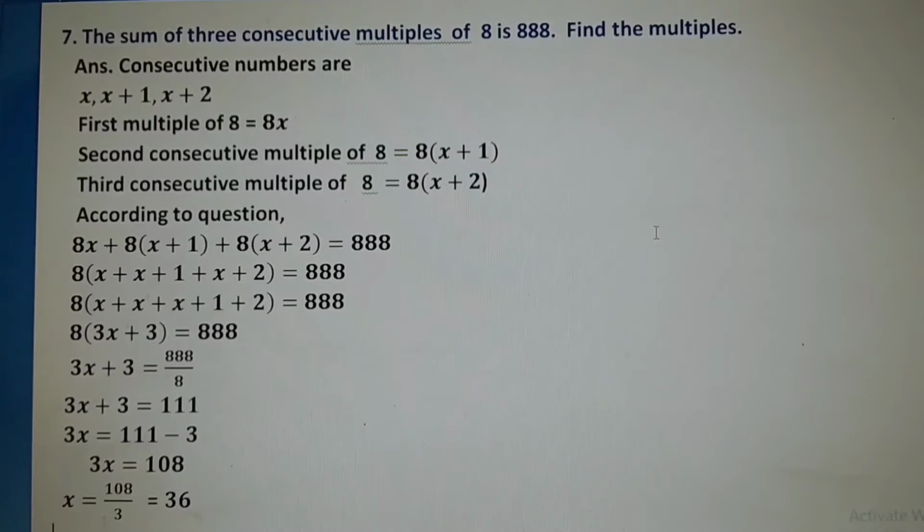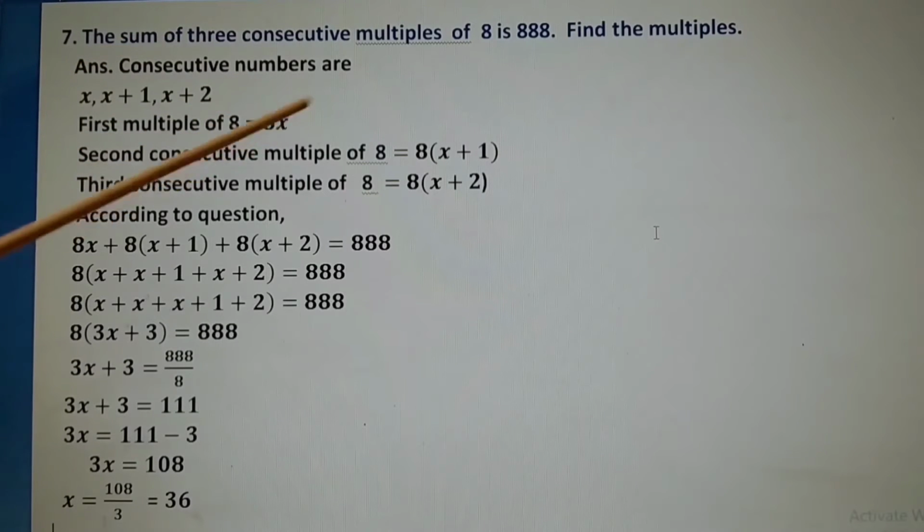Here in this question, it is given that the sum of 3 consecutive multiples of 8 is 888. Find the multiples. Here we have to find the multiples of 8. The first multiple of 8 we can take as 8 into x, that is 8x.